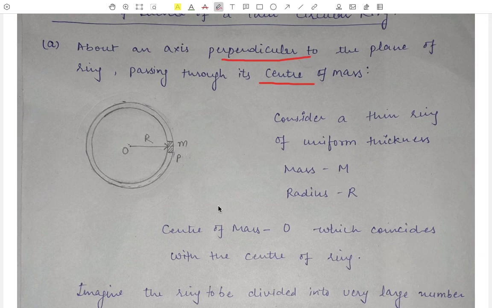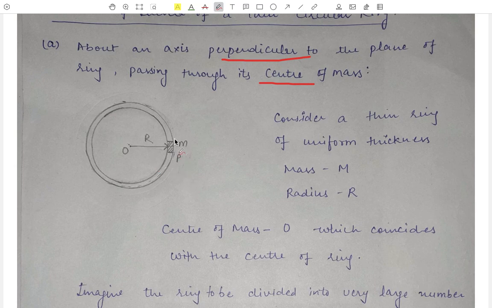For that we consider this ring to be divided into a large number of small elements, each of mass m, that is, all the small elements are identical. Then we'll find the moment of inertia of one such small element, and with the help of that we'll find the moment of inertia of the whole ring about the axis.